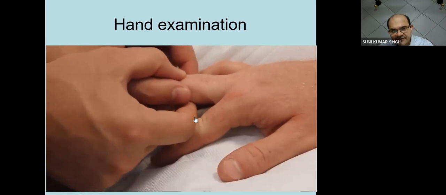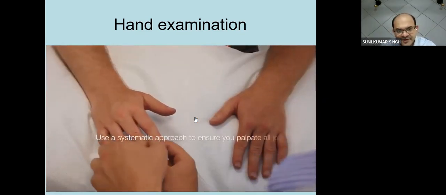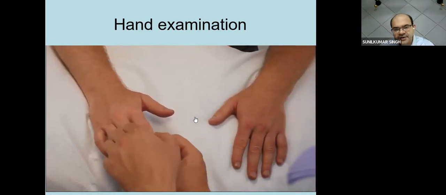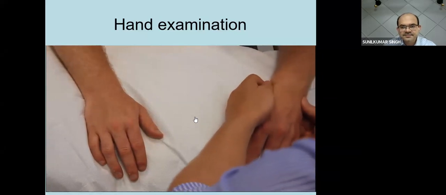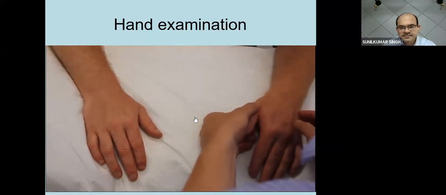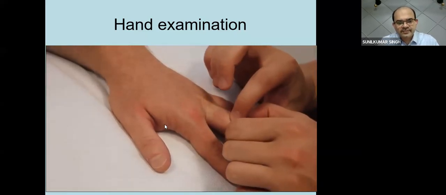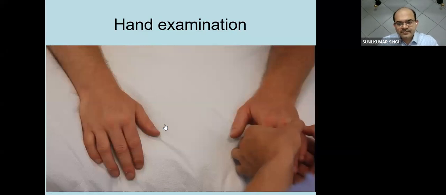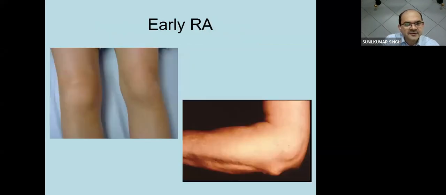You squeeze from the side with the finger and the thumb, and then you feel for the synovium with the finger or the thumb of the other hand. So this is what I just mentioned, the early RA, MCP and MTP squeeze, the sensitive way of picking up.